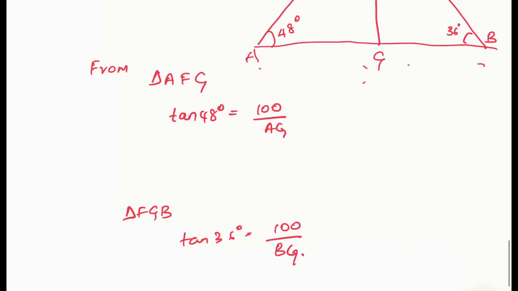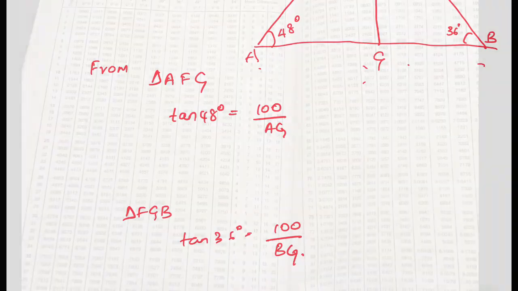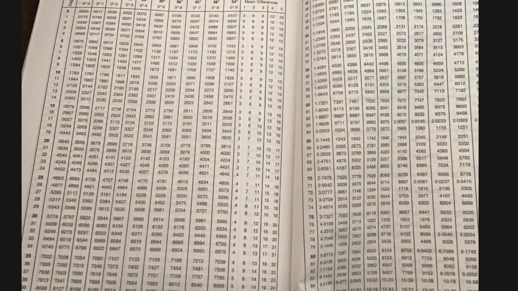Okay. So now using the table, let us find the values of tan 48 and tan 36. In the table we get value of tan 36 is 0.725 and value of tan 48 is 1.1006, right? You can see the value in your textbook. Okay.